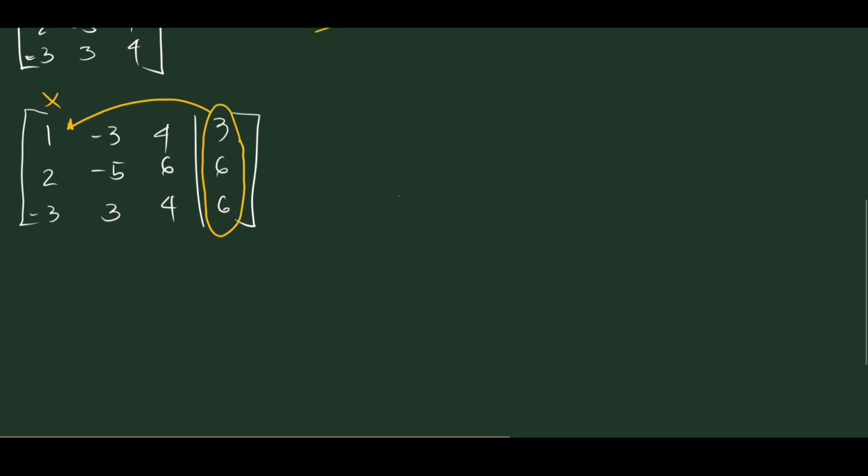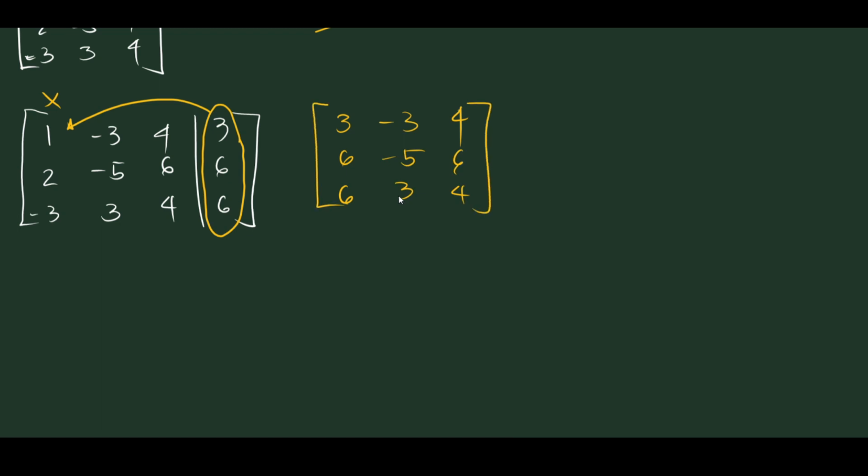So this will look like 3, 6, 6, and then -3, -5, 3, and then 4, 6, 4. If we get the determinant of this, the determinant is 42.